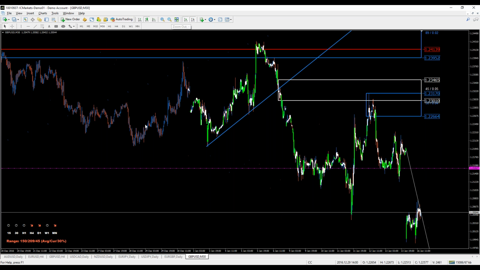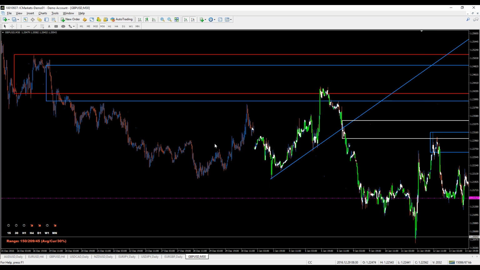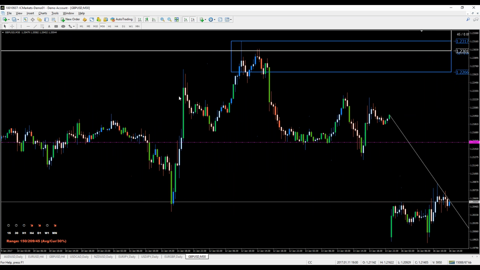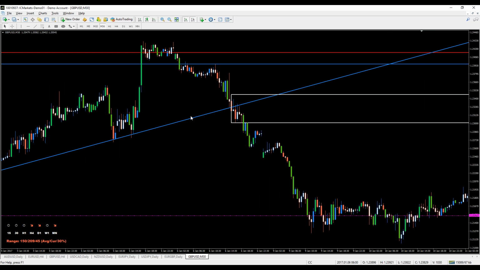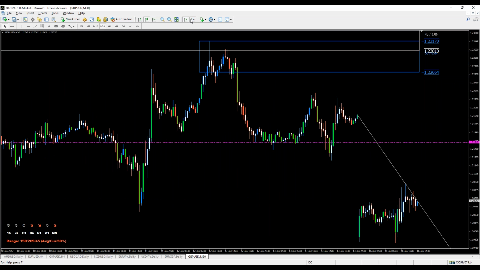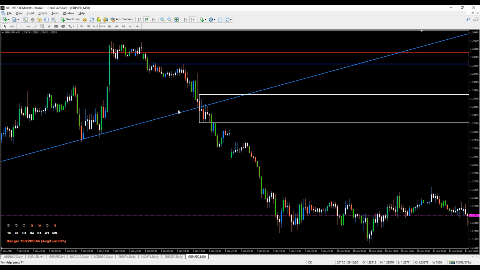But if you have a look on the small time frame, then you can probably get a clearer look. Yeah, and you can see it pretty clearly here. So here we have a trend line.